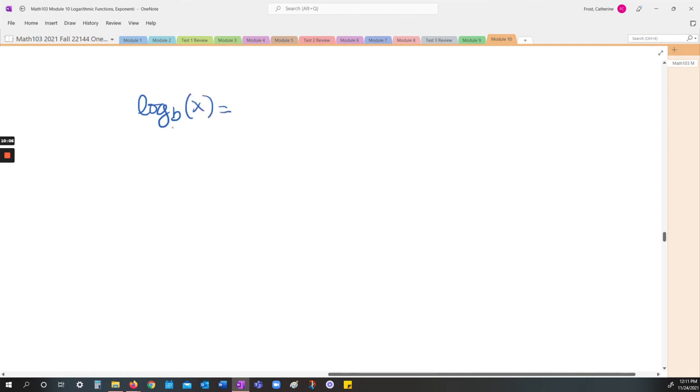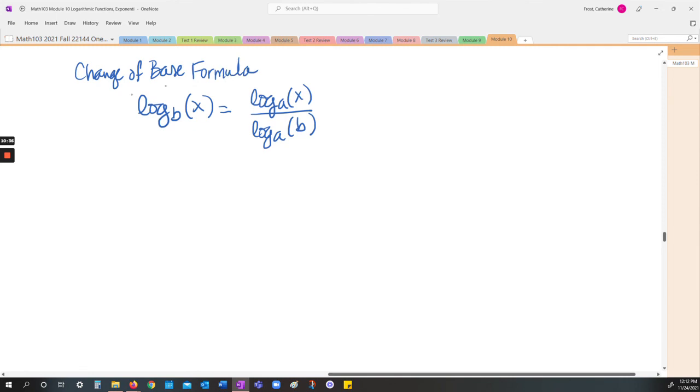You can pick any other base that you want. So let's say it's base a, and write this as log base a of x over log base a of b. Typically the a that we're picking is either e, so we're using natural logs, or 10, so we're using common logs, and we can then use our calculator. So again, this is the change of base formula, because you're changing the base of the log.